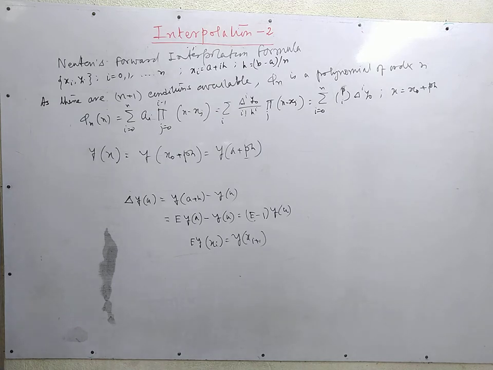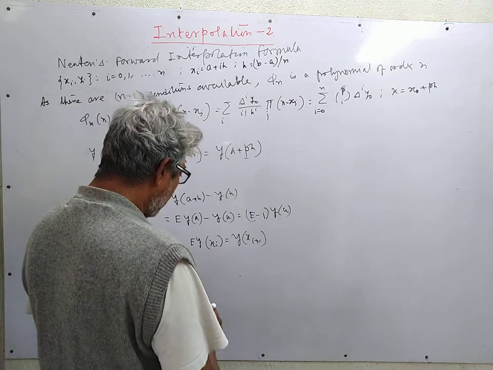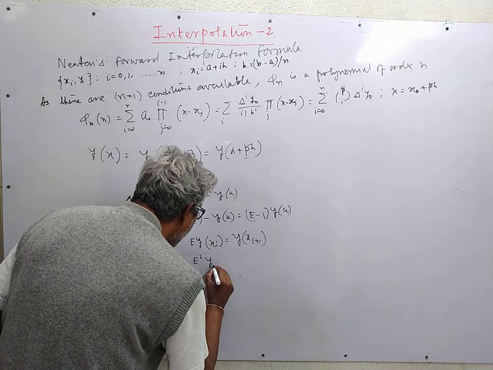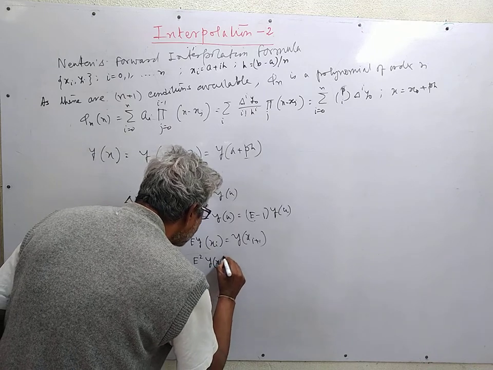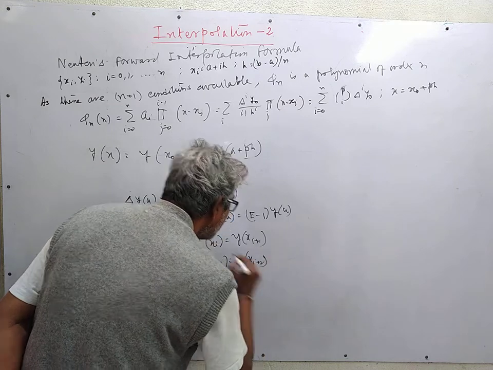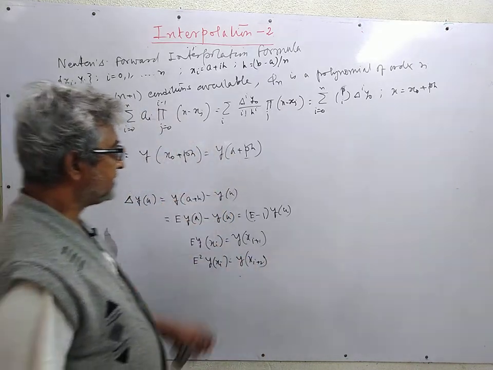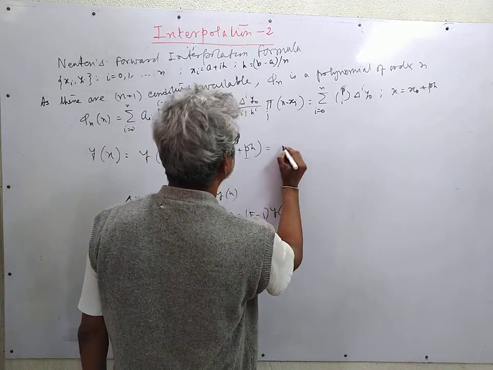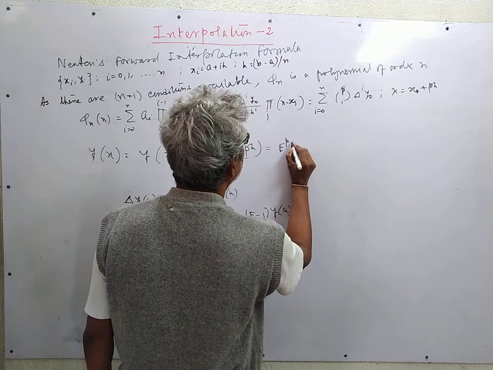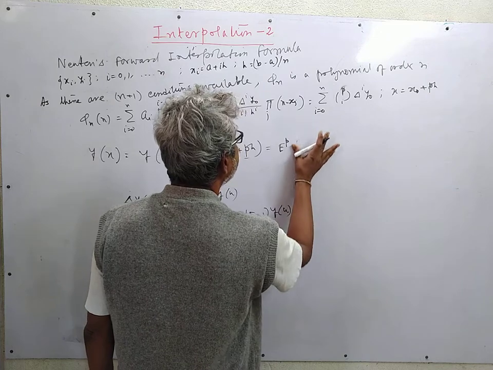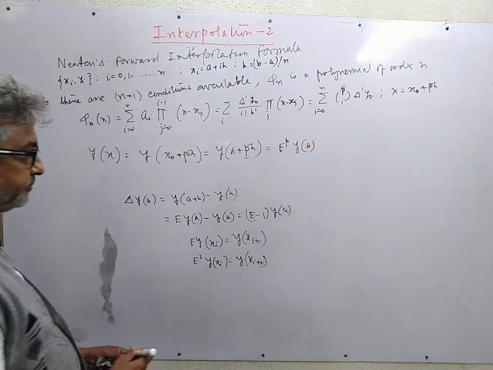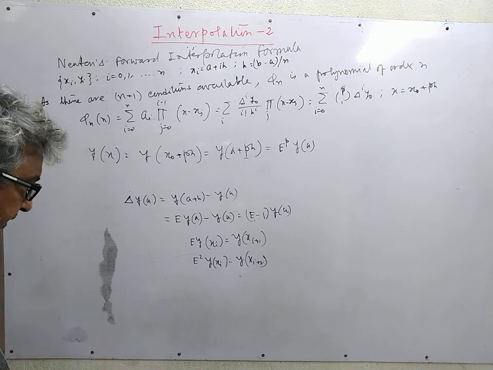In that sense, if we use E twice on y at xi, it is y of xi plus 2. In that case, we can write it as E to the power p operating on y of a, or y of x0.